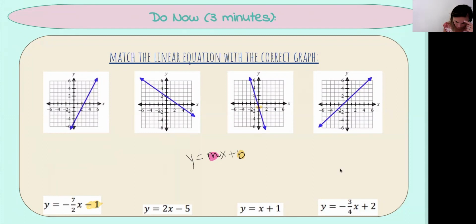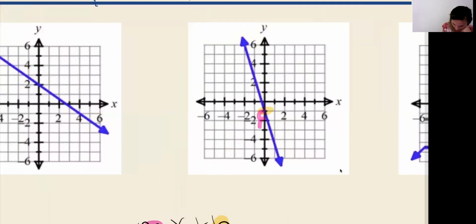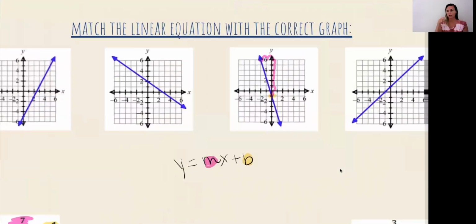The slope is -7/2. So that means we're going to check to see, is it going down 7? And of course, we don't have room up there, so we'll have to go the opposite way. Up 7: 1, 2, 3, 4, 5, 6, 7, over 2. Normally you go down if it's negative, going from left to right.